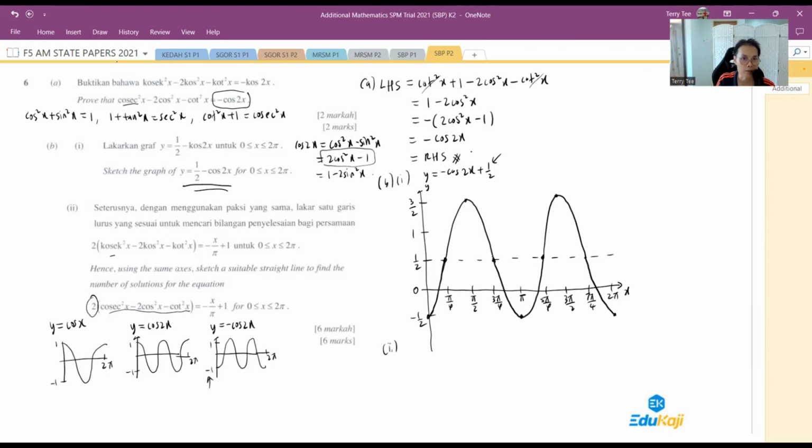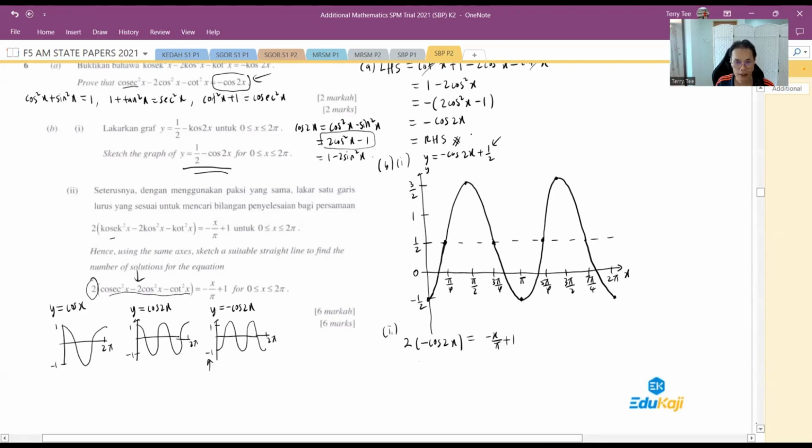The whole thing equals negative cos 2x, right? So there's a 2 sitting in front here, 2 sitting in front here. The whole thing here is negative cos 2x, and it now equals negative x over pi plus 1. Okay, so now I'm going to divide everybody by 2. As I divide by 2, I get negative x over 2 pi plus half.